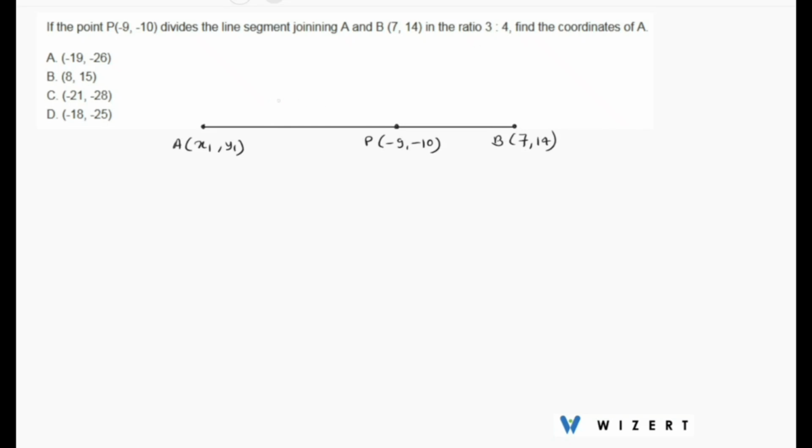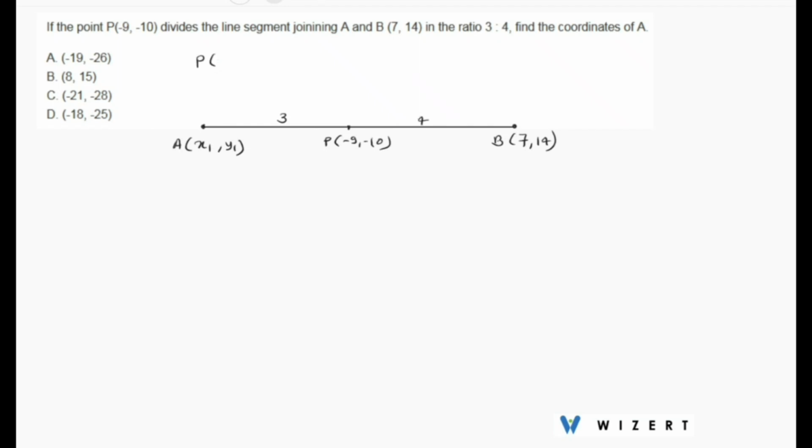The ratio is also given. That ratio is 3:4. So we are given all of this information, and all we have to do is find the values of x1 and y1.